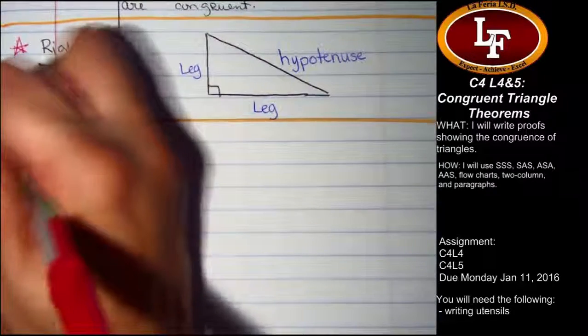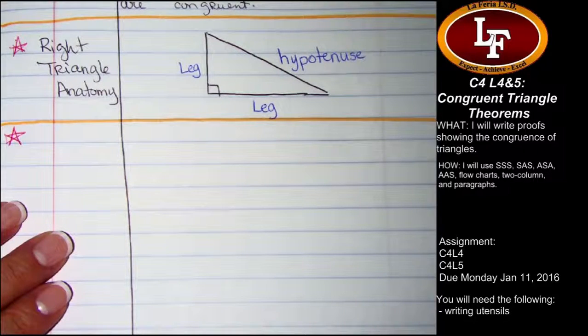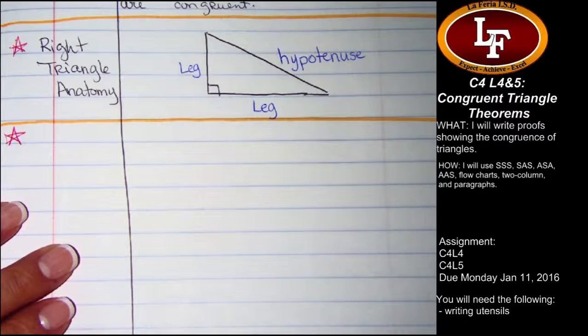I don't know. Magic. Out of this anatomy, we're going to spawn 4 triangle congruence theorems that are specific to right triangles, using the different parts of the right triangle that we just noted here.